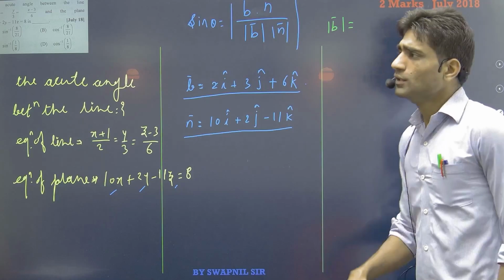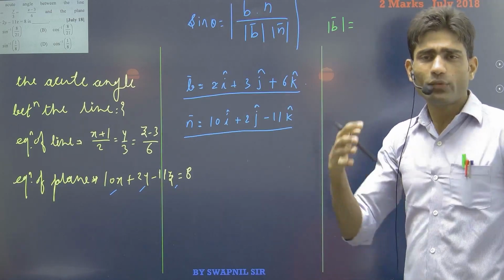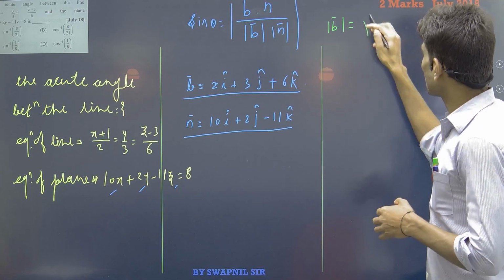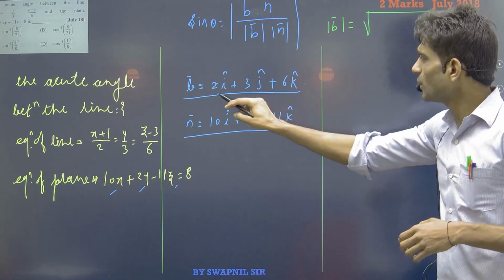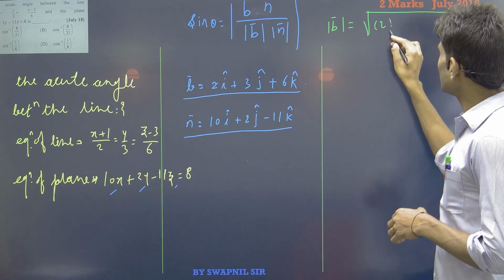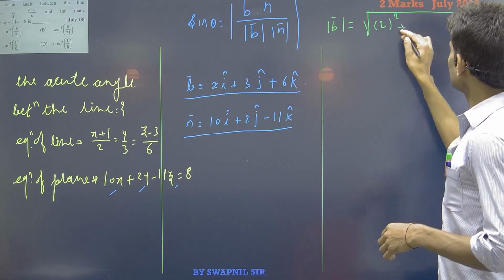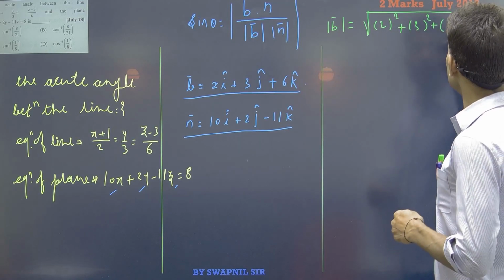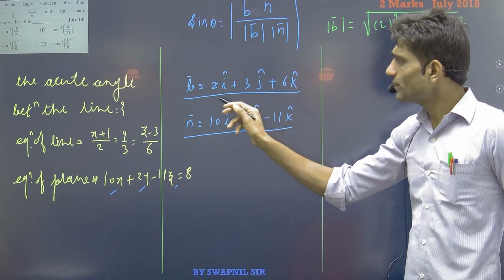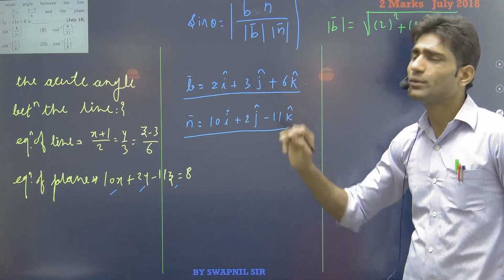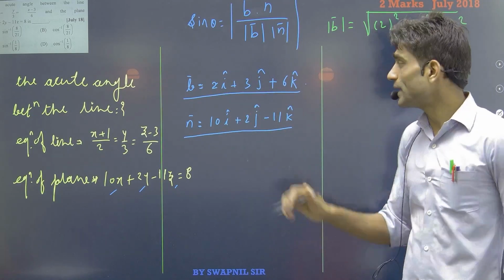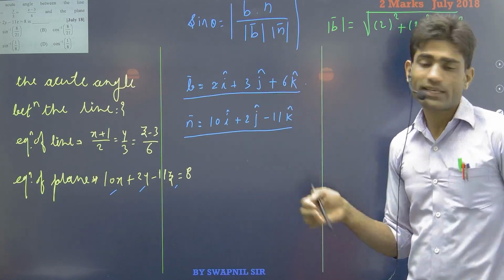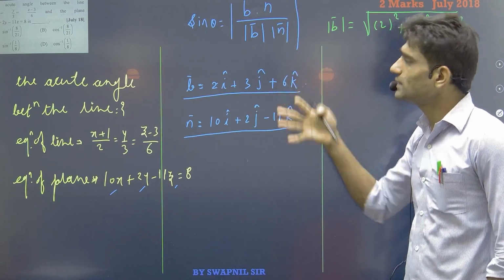We take under square root the first term's coefficient square, that means 2 square, plus the next term's coefficient square, plus the third term's coefficient square. So I take the first term's coefficient square, which is 2 square, the second term 3, take the square of 3, and the third term similarly 6 square.